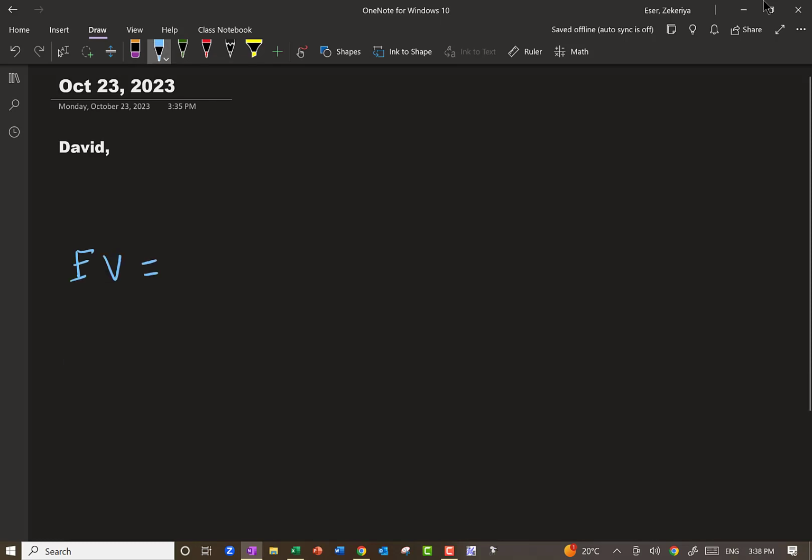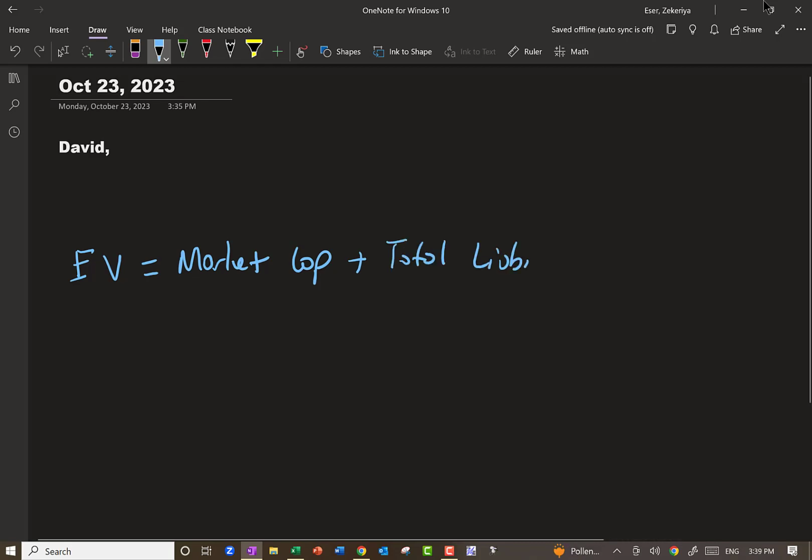We're going to define enterprise value as market cap plus total liabilities minus cash-like assets.